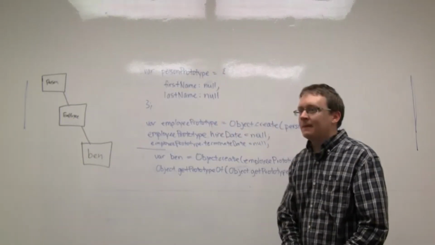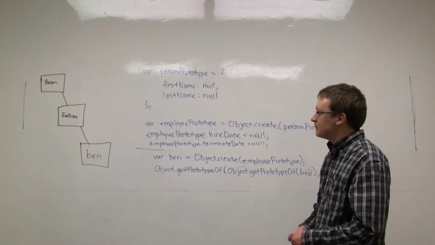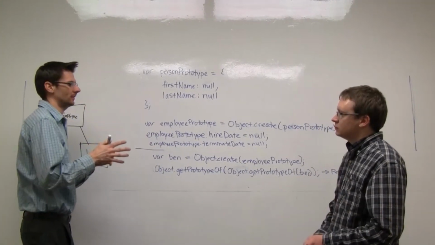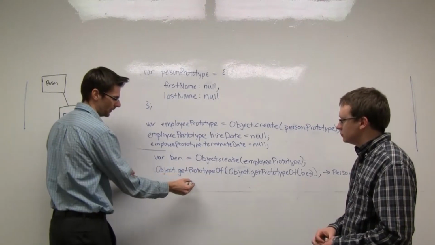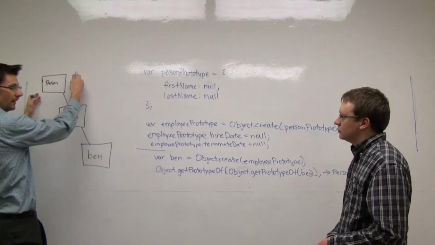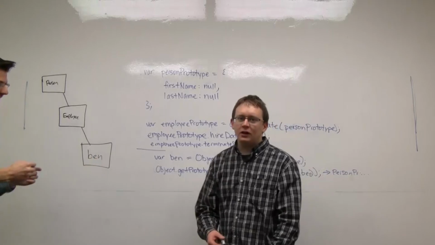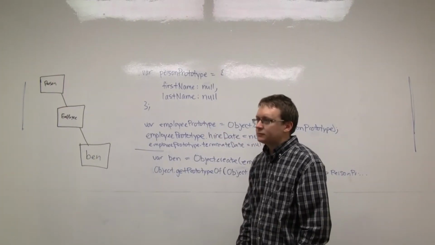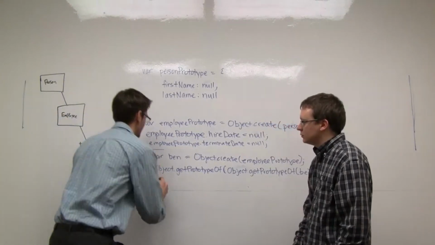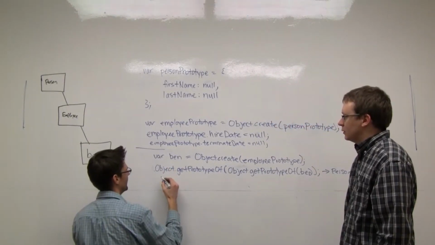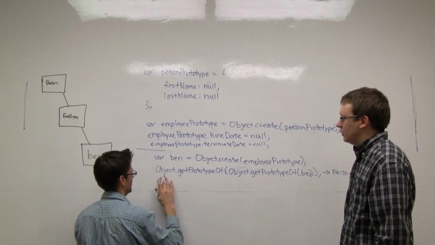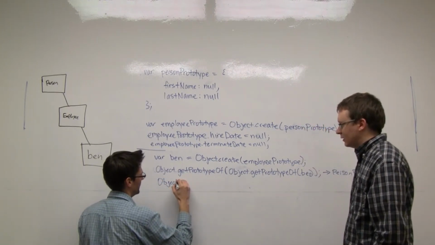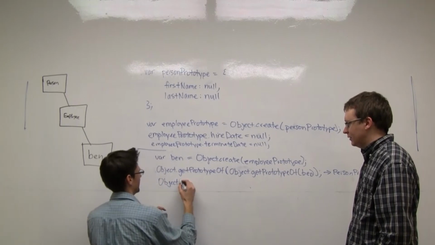So now that we've gotten rid of the reason for instanceof, we can actually climb the prototype chain here, like Ben is diagrammed here. We need to be able to say, is Ben a person? Correct. So in our implementation, what we'd really say is, what did we put this on? We put it on the object. Yeah, that's what I thought. But somebody might get mad, but that's tough.